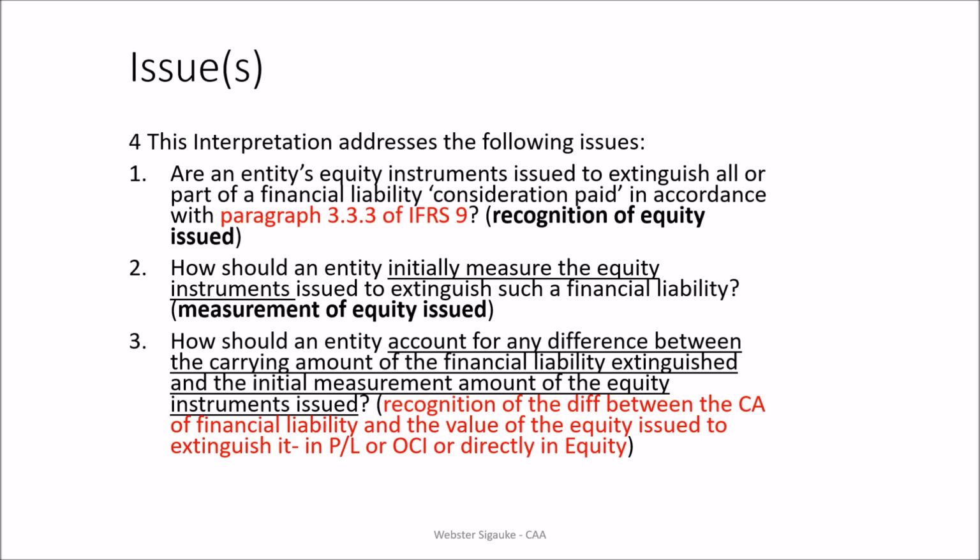This IFRIC deals with whether equity instruments issued to extinguish the liability are consideration paid, how you would initially measure the equity instruments issued, as well as how to measure the difference between the carrying amount of the financial liability and the initial measurement of the equity instruments issued. Like, how do you treat that difference? Do you take it to P&L or OCI or directly to equity?